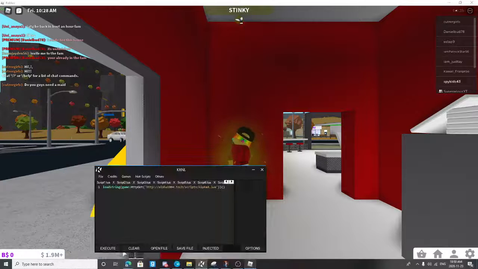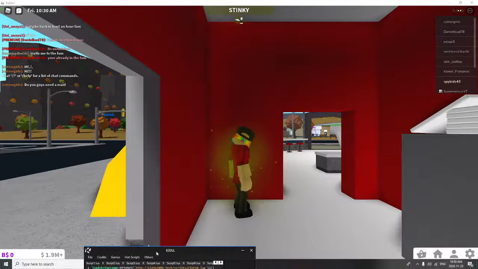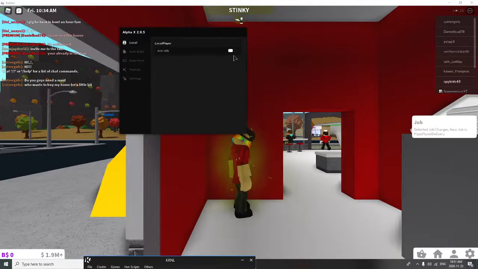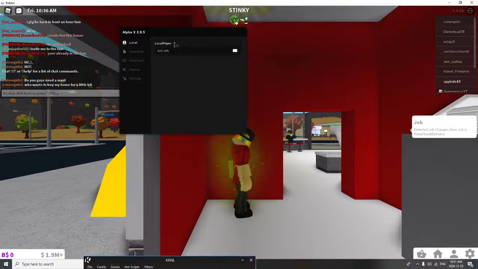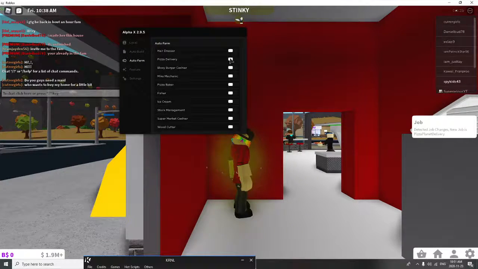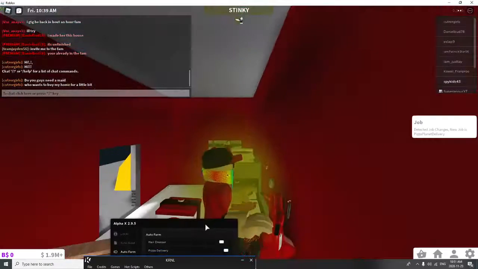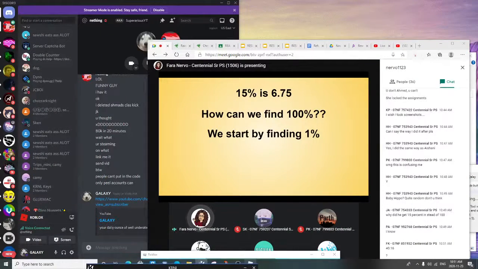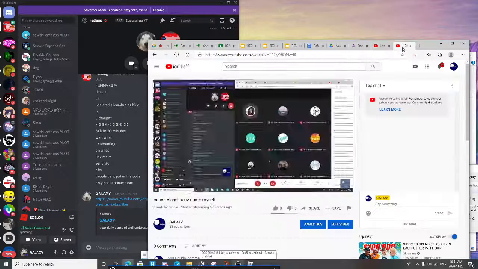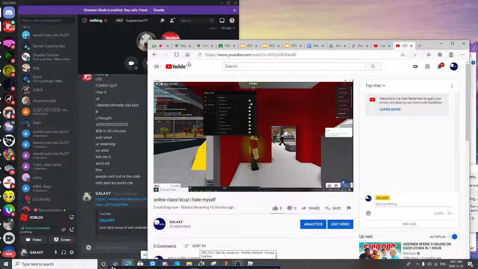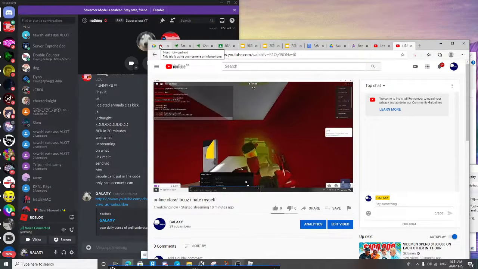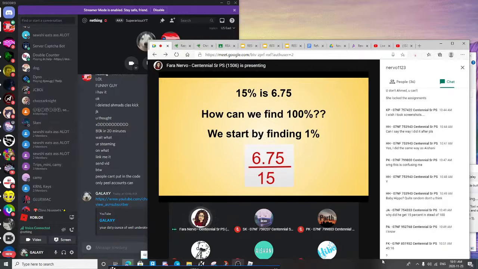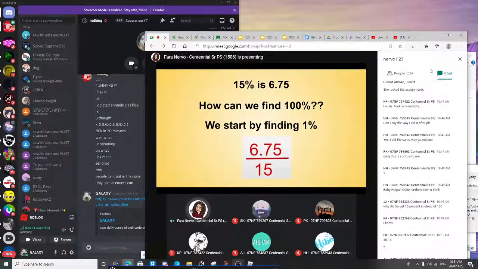15% is 6.75 kilograms. So we need to find 100%. The way to start is we know what 15% is. In order to find 100%, we can find out what 1% is. If we find out the 1%, then we can simply multiply that by 100 to get the full percentage. So in order to find 1%, we need to divide. 6.75 is 15%. If we divide that by 15, we're going to get the amount of kilograms for 1%.